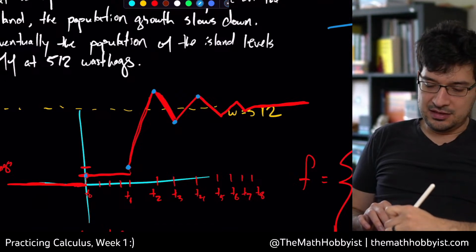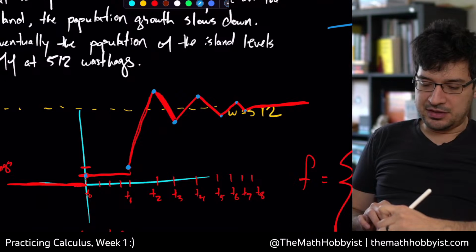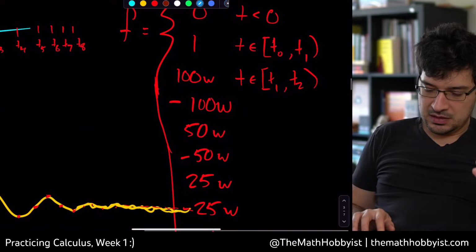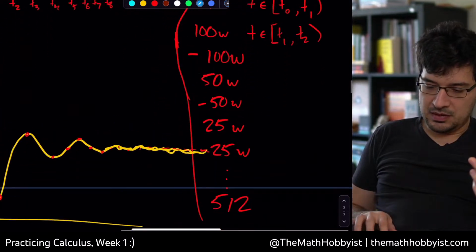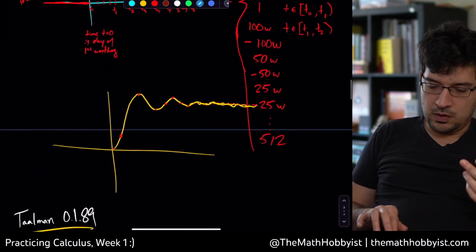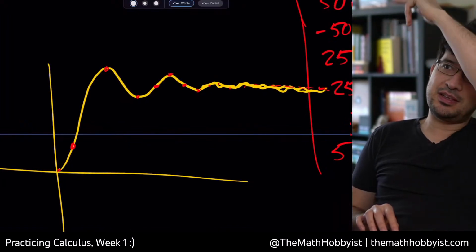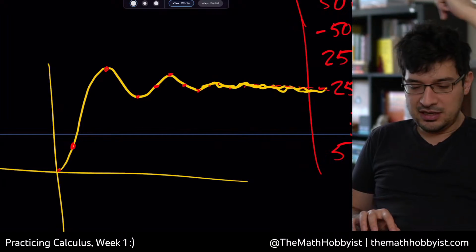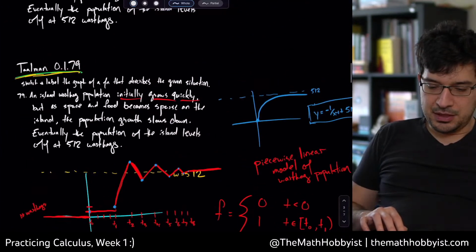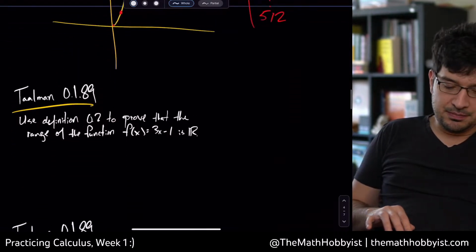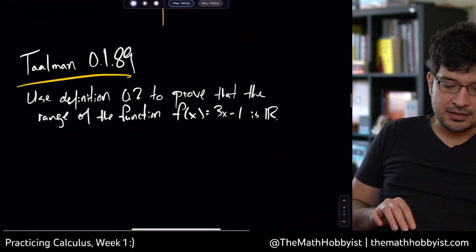This just keeps going up and down, so you can model it as a piecewise linear function. Or you could have a smooth, nice trigonometric function that goes up and down like a spring. Those are a few different options you could write down as a model for this warthog island.